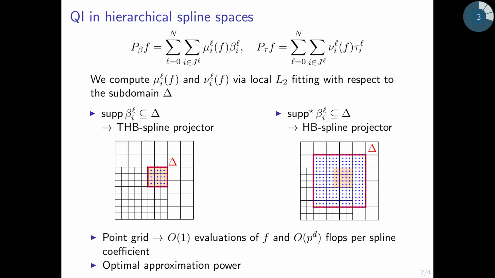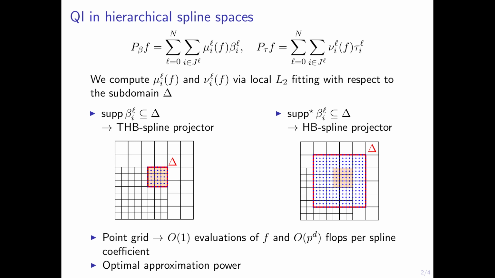So I would like to move on now to our approach, to our structure here. So we have two projectors, P beta for the HB case and P tau for the THB case, which are expressed as a sum over the levels, l, and as a sum over the active basis functions on each level.